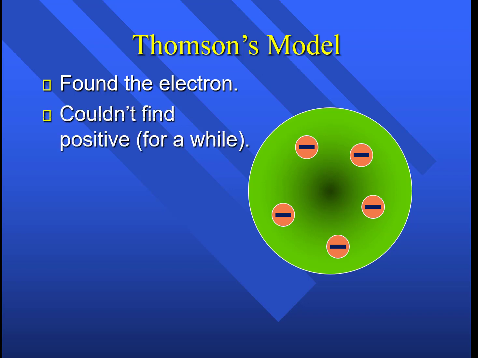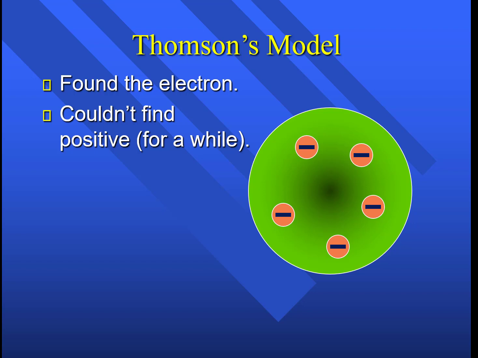Now, he never found a positive piece. People later on did eventually, but we're actually not going to talk about how they did it. But he knew there were negative pieces.